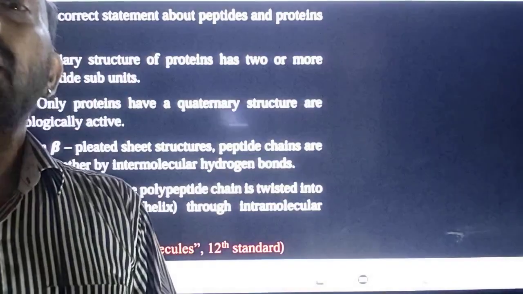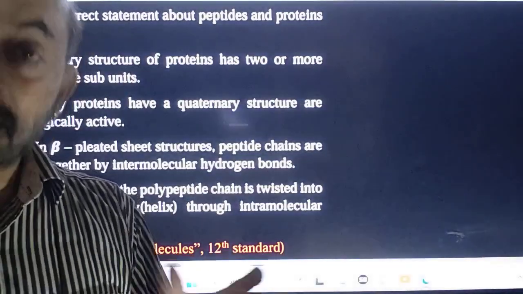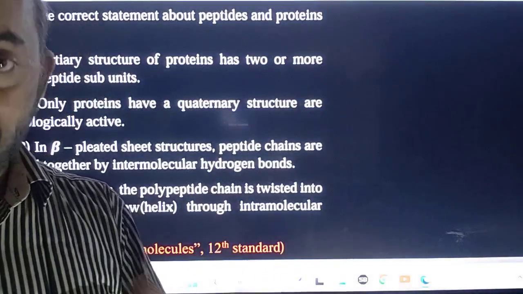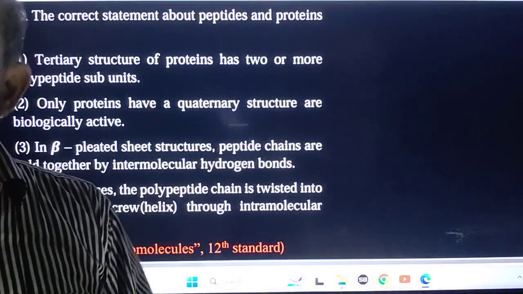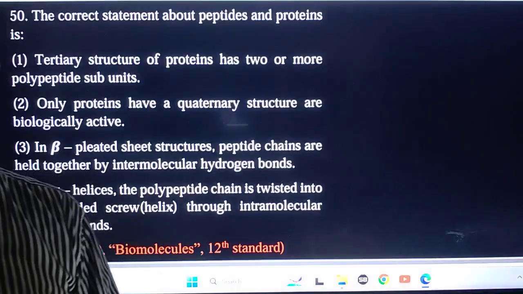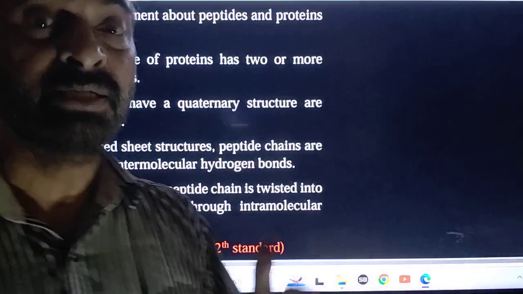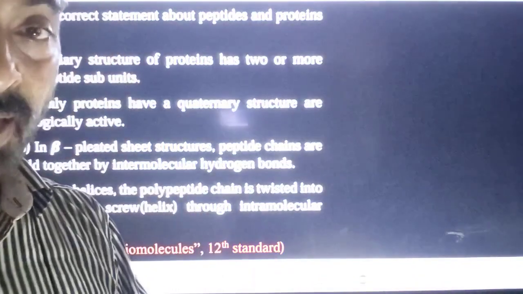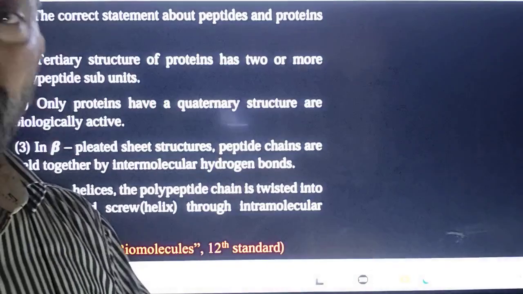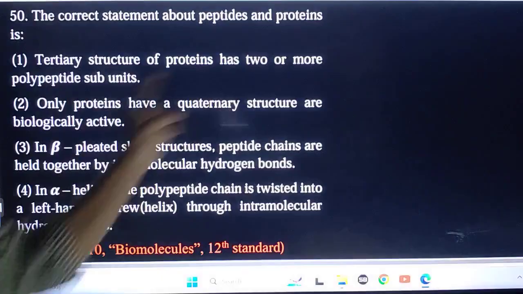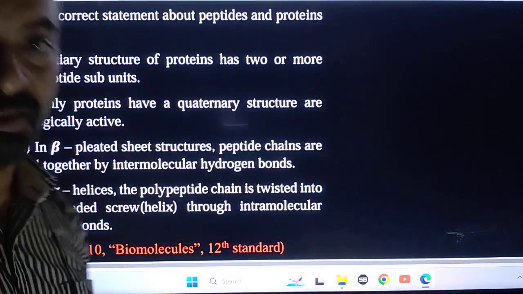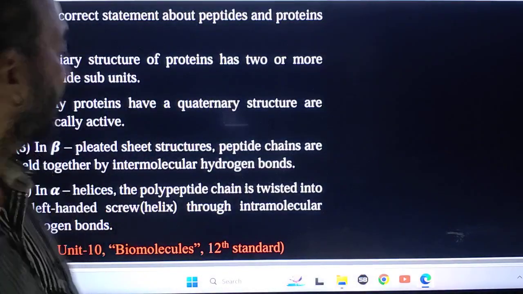We study about polypeptide subunits that act together as the quaternary structure. Okay, so that statement is incorrect. Only in quaternary structures do you have separate polypeptide units which act together. So, tertiary structure of protein has 2 or more polypeptide subunits is an incorrect statement.